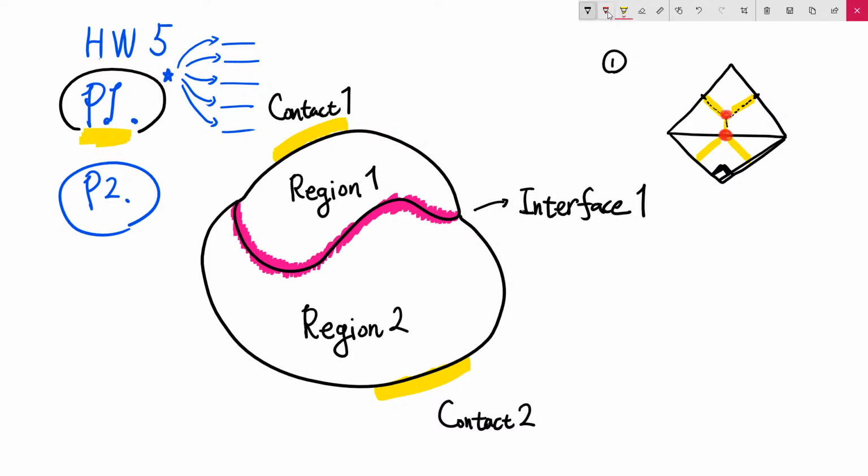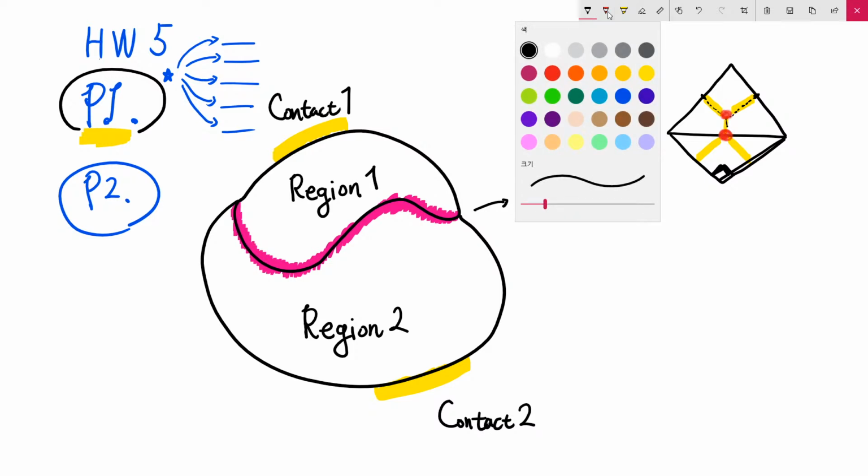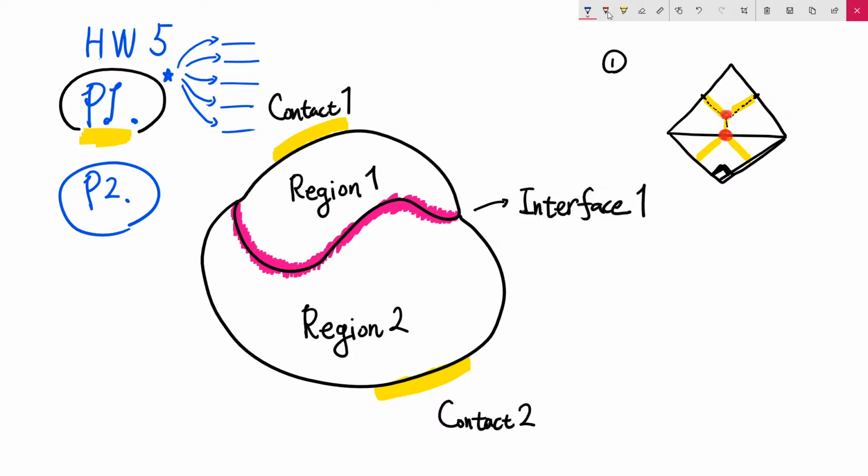Here, this yellow line is assigned to this edge, and this one is aligned to this edge, and this one to this edge. I hope that everybody in this classroom can now understand.